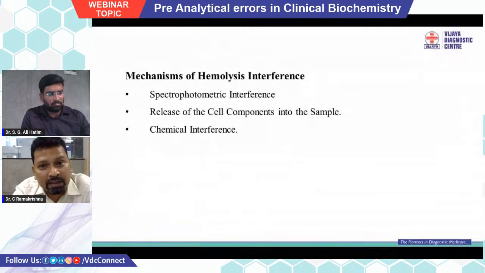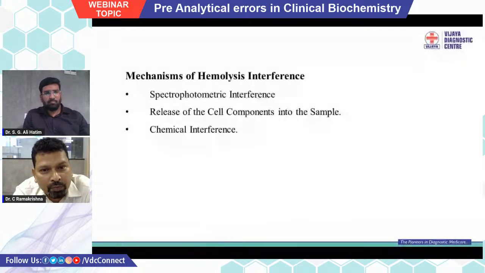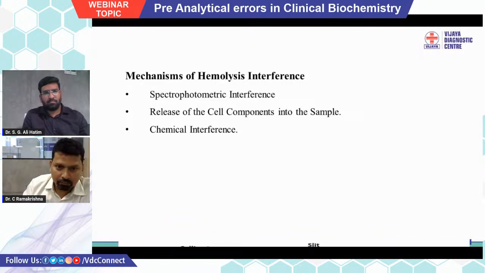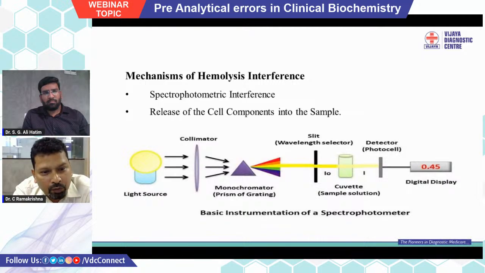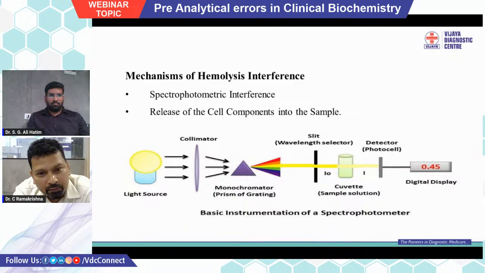How does hemolysis interfere with the analysis of the specimen? First of all, there is spectrophotometric interference, and secondly, there is release of cell components into the sample, and also there is chemical interference. All of you know the working of a spectrophotometer, wherein there is a light source, and the light comes through the monochromator and through the slit and falls on the sample.